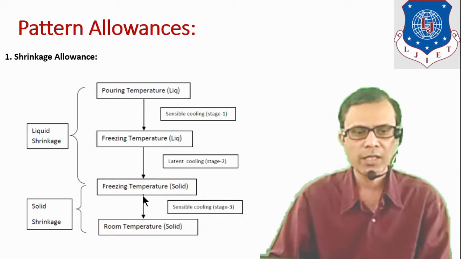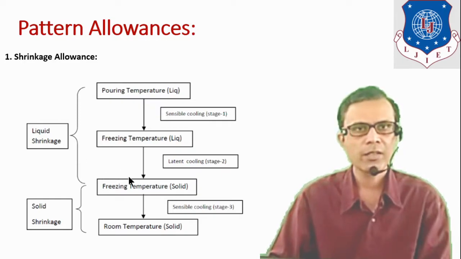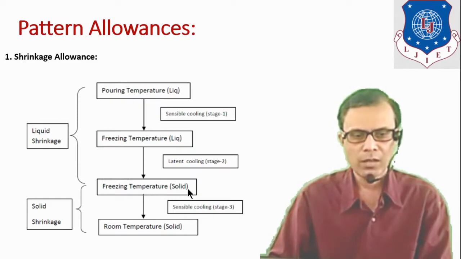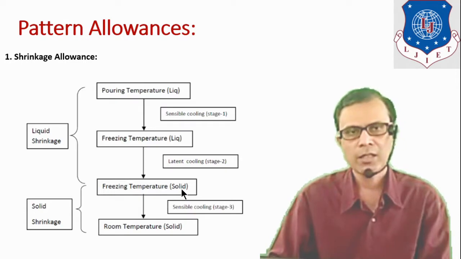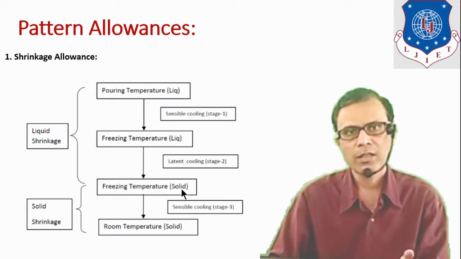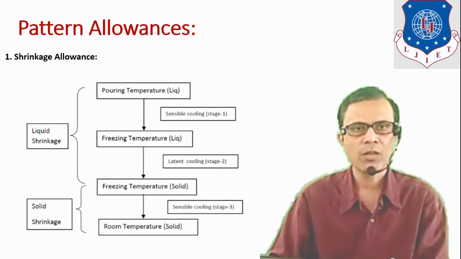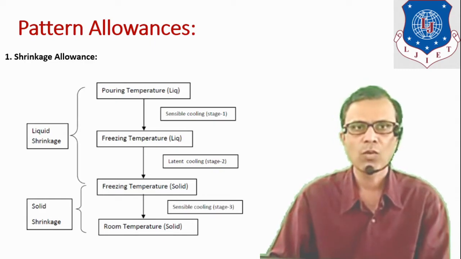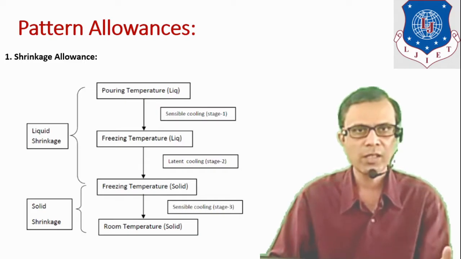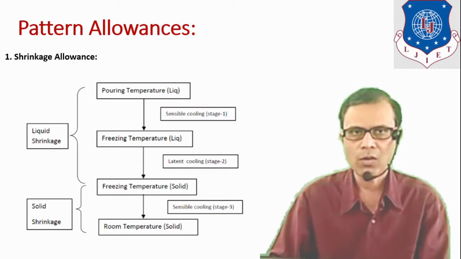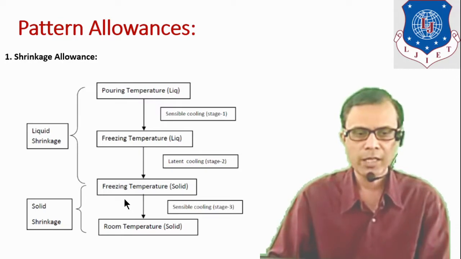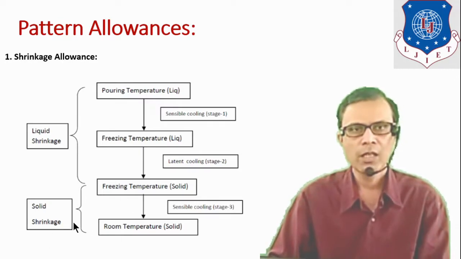Up to this stage it is liquid shrinkage, but at this stage it is still solid, at a higher temperature compared to the surrounding or room temperature. So further it is allowed to cool down. When it comes to room temperature, that type of shrinkage is known as solid shrinkage.